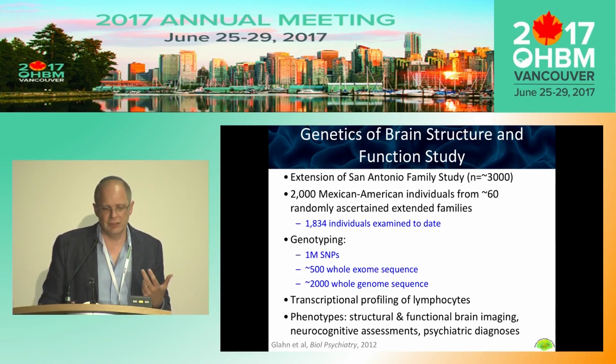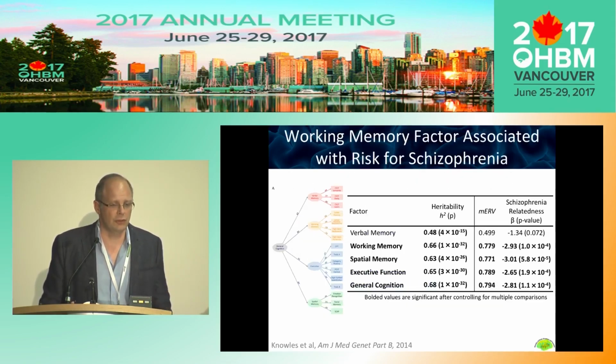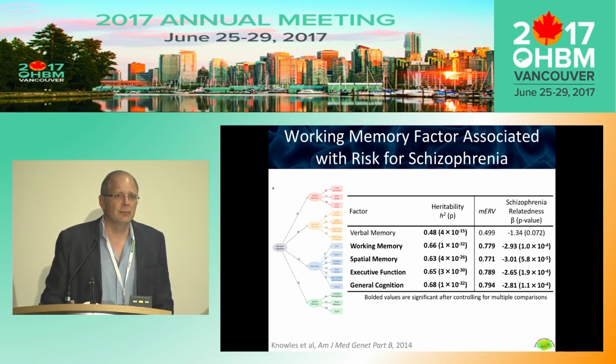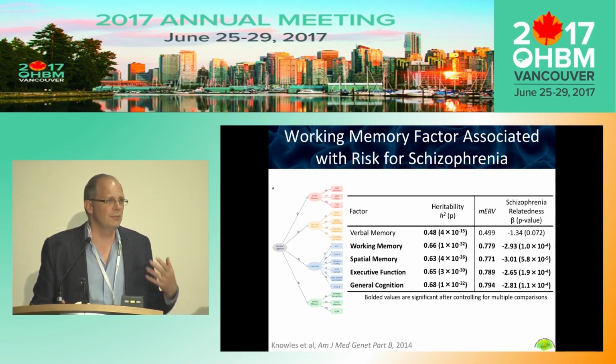So the question is, can we find genetic influences affecting cognition or brain, and how does that work? The first thing we did was to take all of our cognitive measures and do, in essence, a genetically informed principal components analysis. We took the genetic correlation between each cognitive measure and every other cognitive measure, and then we broke it down into sets of factors.